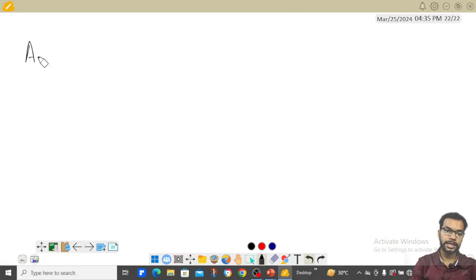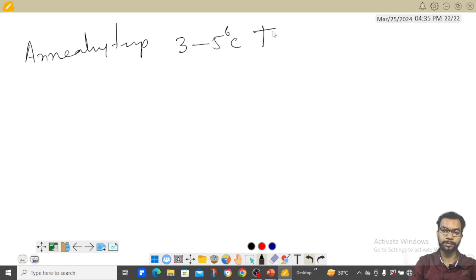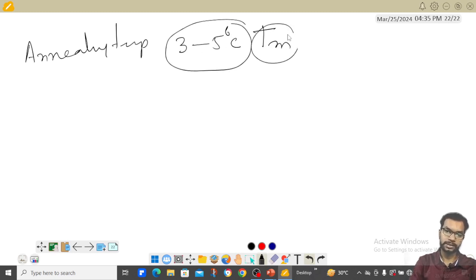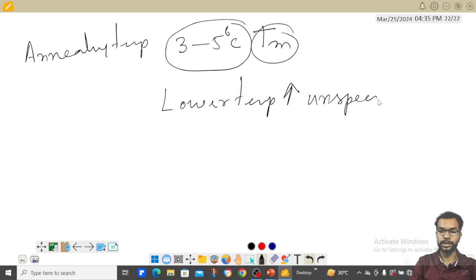Generally annealing temperature is 3 to 5 degrees lower than melting temperature, but lower temperature increases unspecific binding.